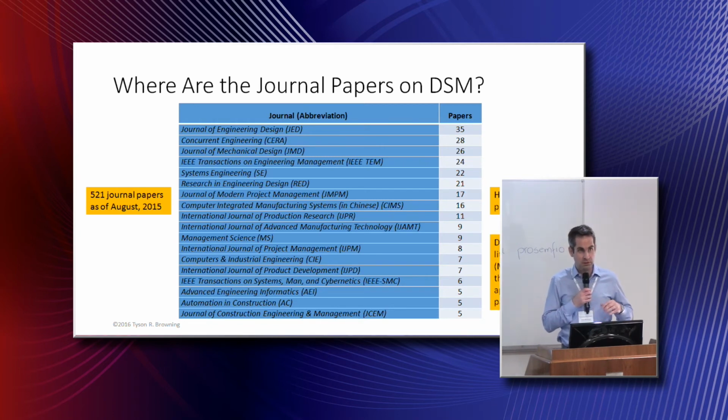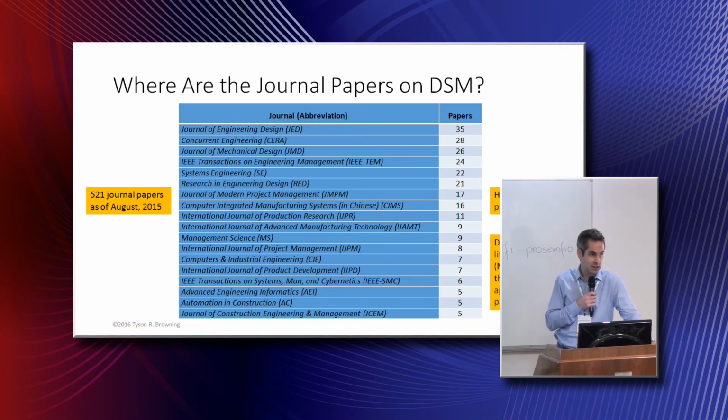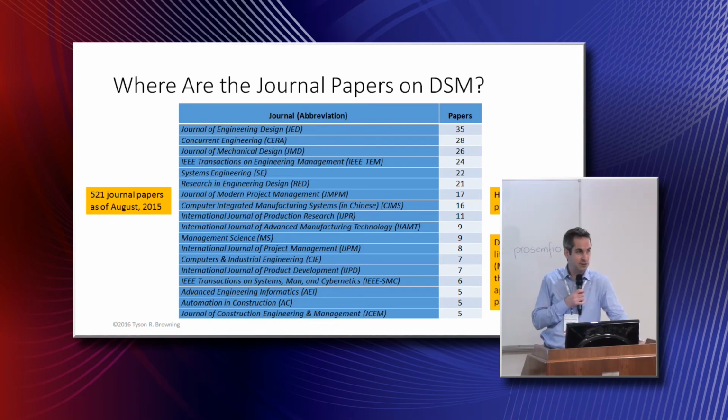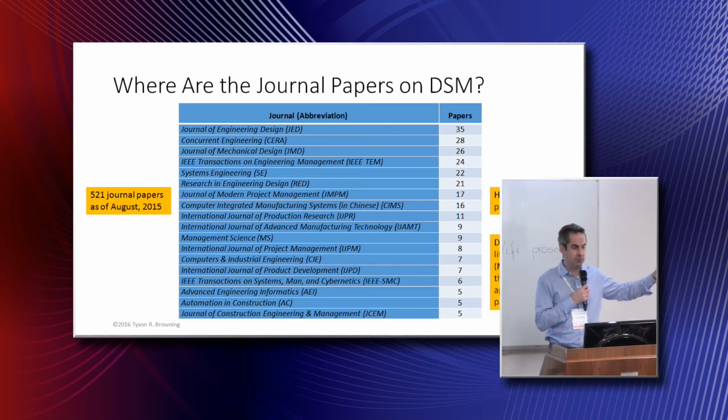And this DSM survey I did was focused mainly on journal papers. So we've got now 18 years of DSM conference papers and presentations. So it would be an interesting opportunity for some ambitious PhD student maybe to look at that literature, because many of those papers emerge later as journal papers.